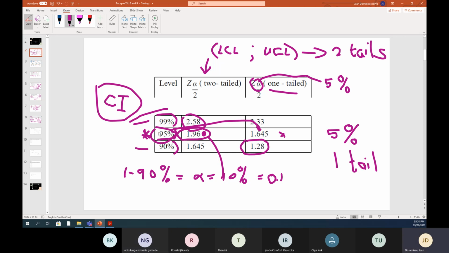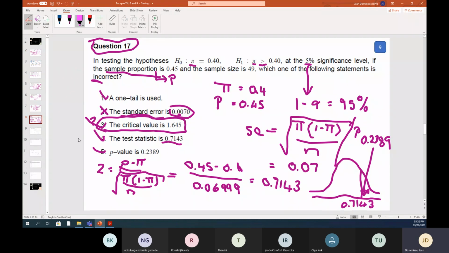So 5% one tail is 1.645. 1.645 is correct. So that one is the incorrect one, because it should be 0.07.